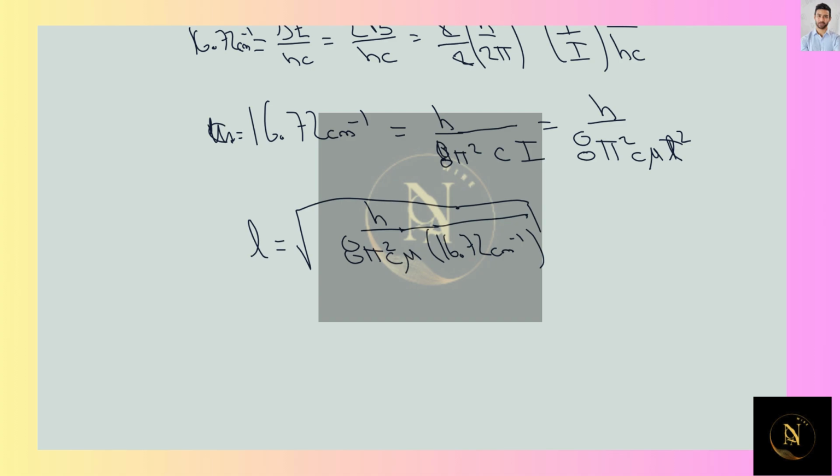So now just replacing the values, L equals the square root of 6.63 times 10 to the minus 34 joule second, divided by 8 times pi squared.